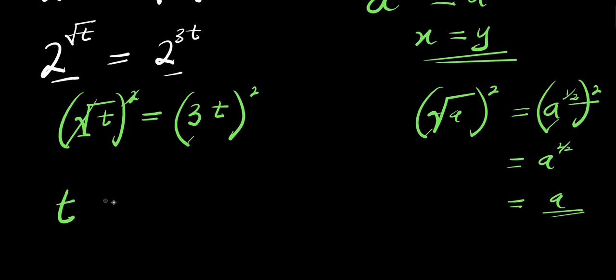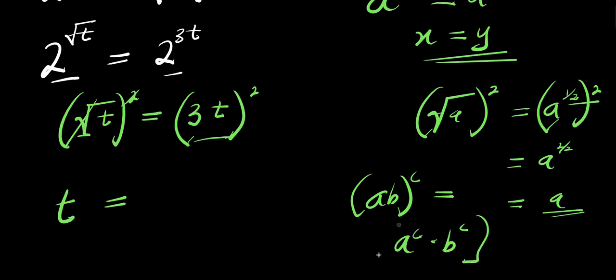I have t equals, for this, we can apply this identity. If you have a times b raised to the power of c, this equals a power c times b power c. So I'm going to distribute this exponent to each of the terms here. I will have 3 power 2 times t power 2.